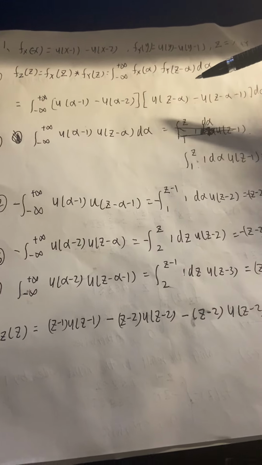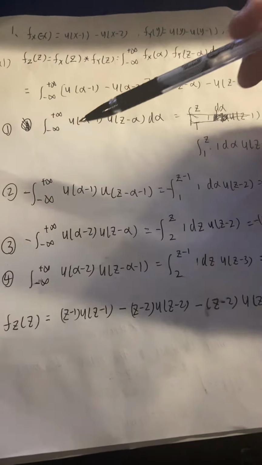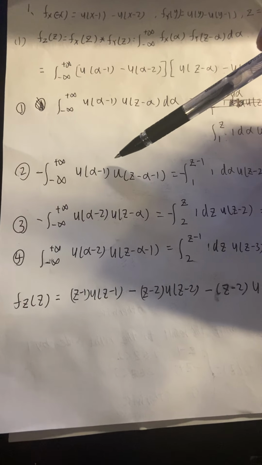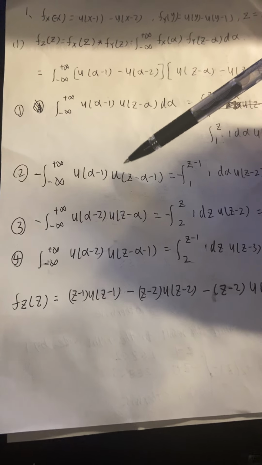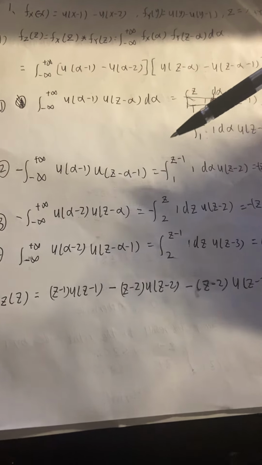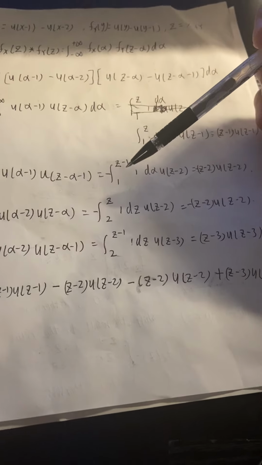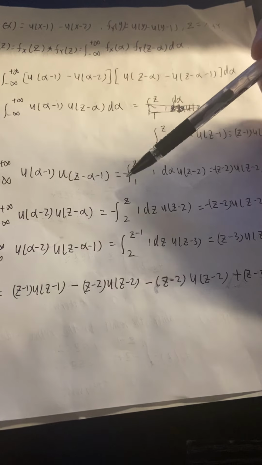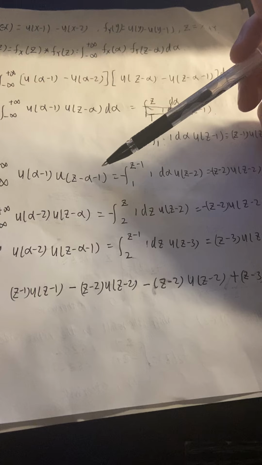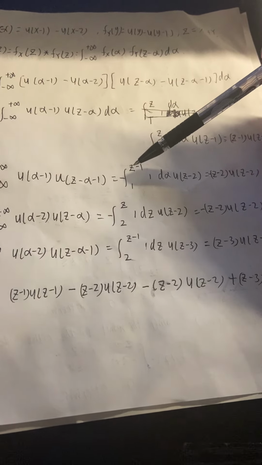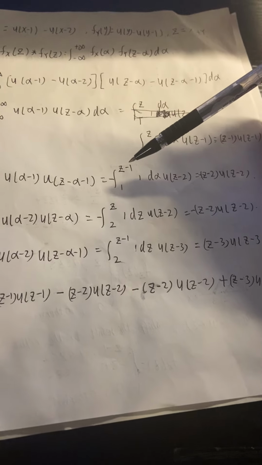For the second part, this term times this term will be u(alpha-1) times u(z-alpha-1). The same, the lower bound is 1 and the upper bound is z-1.